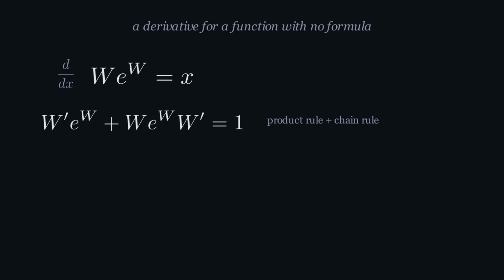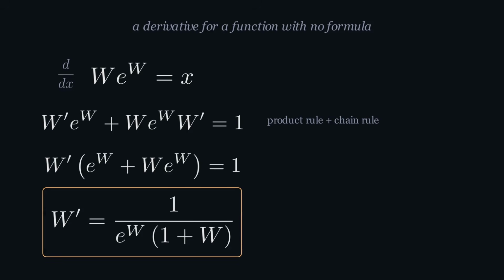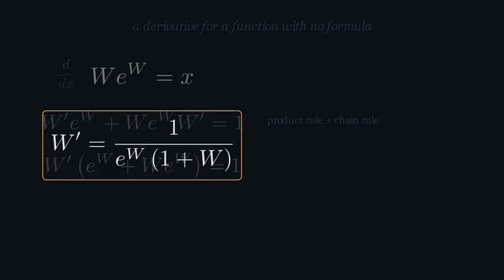You get w prime times e to the w plus w times e to the w times w prime equals 1. Factor out w prime and solve. W prime equals 1 divided by e to the w times the quantity 1 plus w.